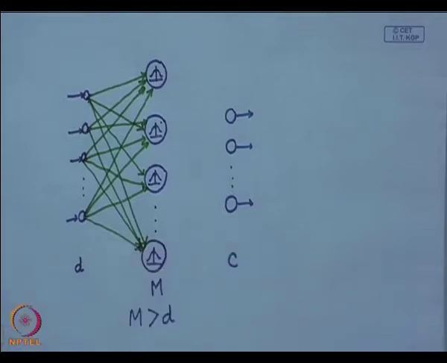So, these are the connections from the input layer nodes to the hidden layer nodes, and because the purpose of this connection is simply to forward the input feature vector to the nodes in the hidden layer, we can assume that the weight of each of these connections is equal to 1.